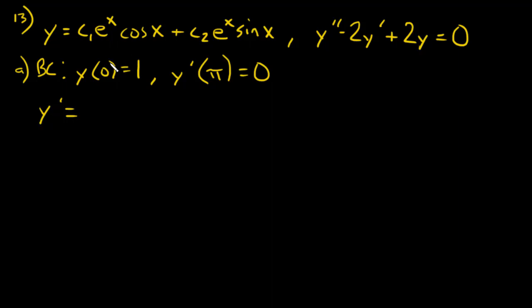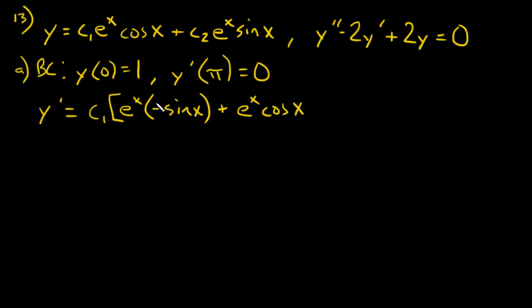Here we go. C1 times product rule: first, e to the x, times derivative of the second, negative sine x, plus second, cosine x, times derivative of the first, which is just e to the x. So just looks like that.